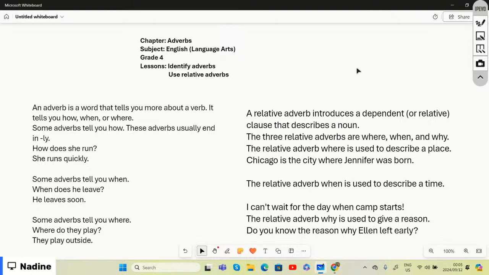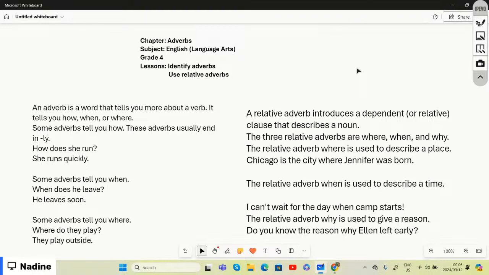All right, so when it comes to adverbs, we can say an adverb is a word that tells us more about a verb.